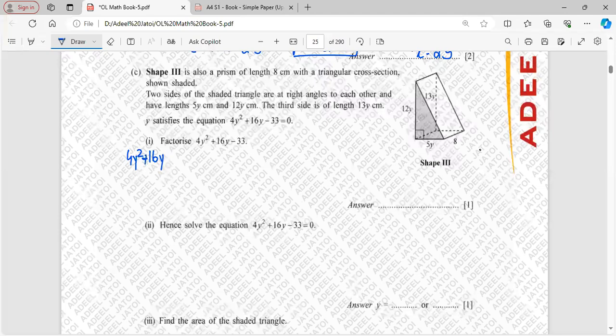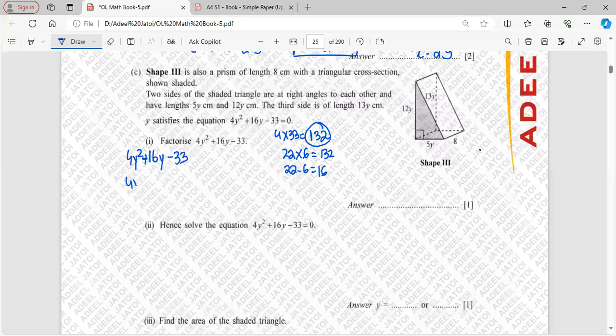4y square plus 16y minus 33. So what we do is we multiply 4 into 33, which is 132. We need two numbers that multiply to give 132, and when we subtract, give 16. So 22 into 6 will give 132 and 22 minus 6 will give 16.